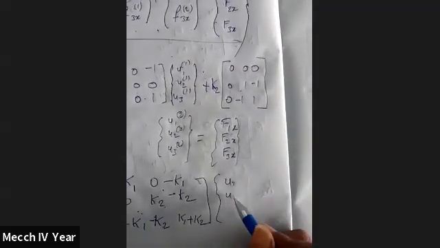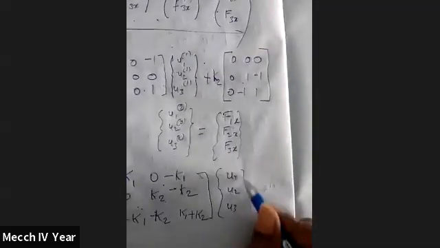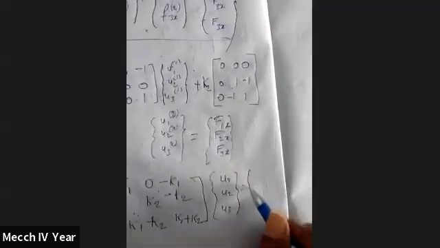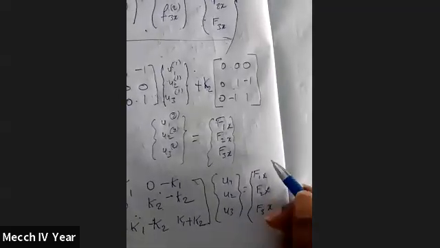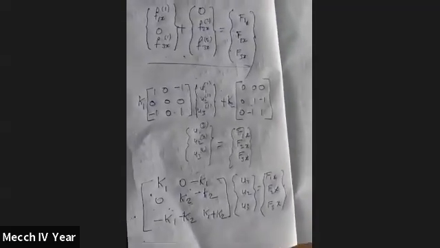This is the matrix simplification. Now here we see u1, u2 and u3, and this is equal to f1x, f2x, f3x. Like this. Now we are going to calculate. This is the procedure to calculate the stiffness matrix.